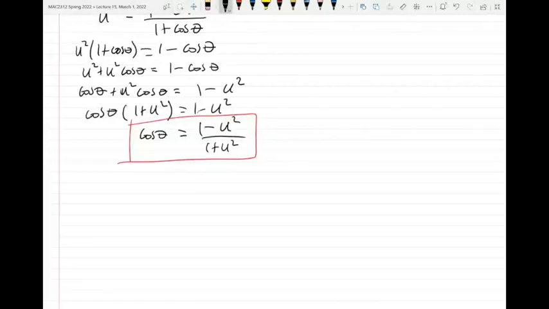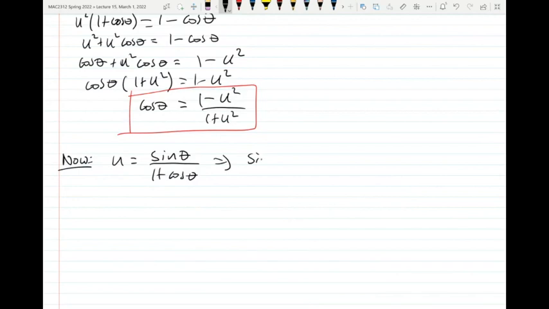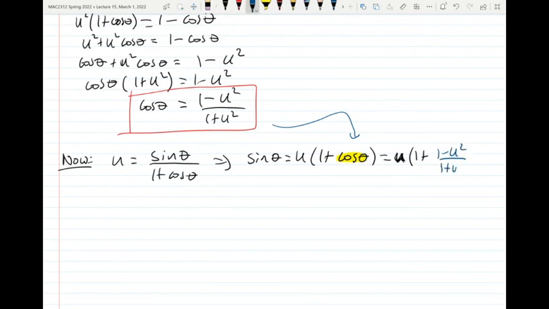All right, so now let's figure out sine. Again, I'm after sine now, but now it's easier because we have that u, remember, was equal to sine over 1 plus cosine, which means that sine is u times (1 plus cosine). But now I know what cosine is, so I'm going to put it in here. So that becomes u times (1 plus (1 minus u squared) over (1 plus u squared)).